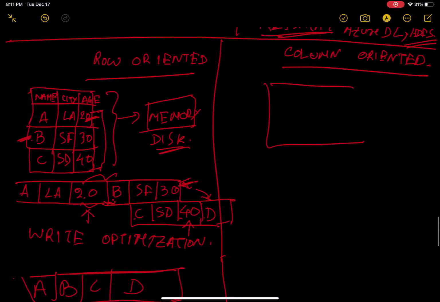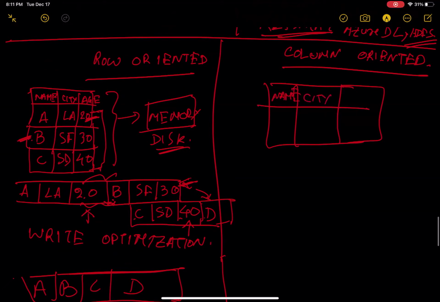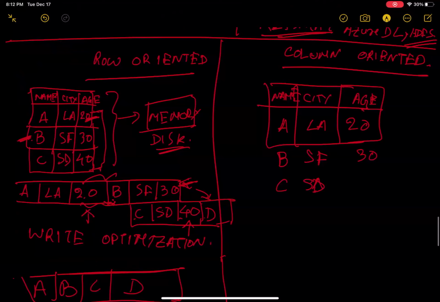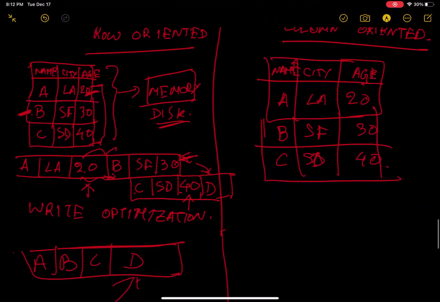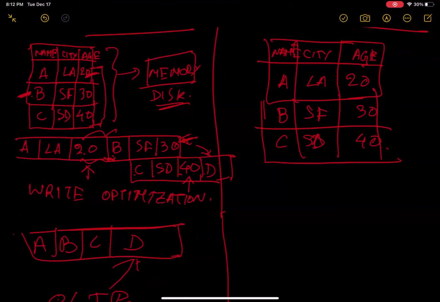Same table. Let's just draw it in a bigger way. This is name, this is city, and this is age. This is A, this is LA, this is 20, this is B, this is San Francisco, this is 30, this is C, this is San Diego, and this is 40. Simple table. We are talking about a columnar database.